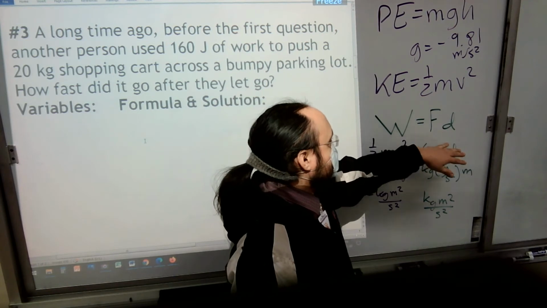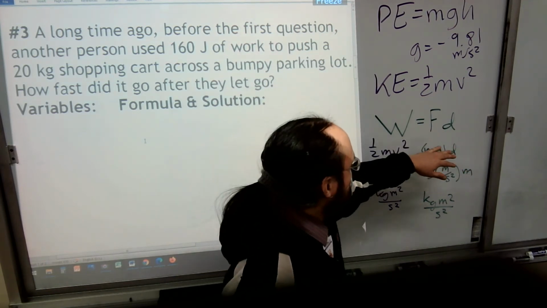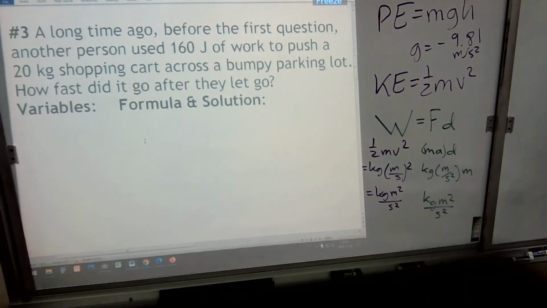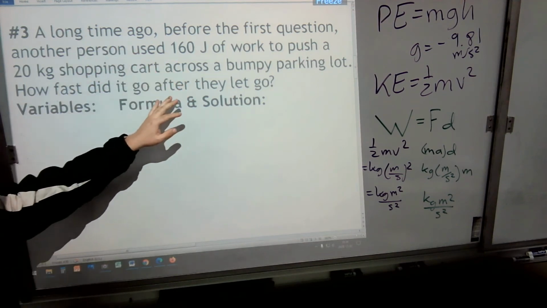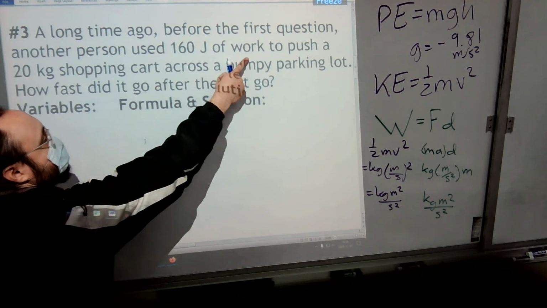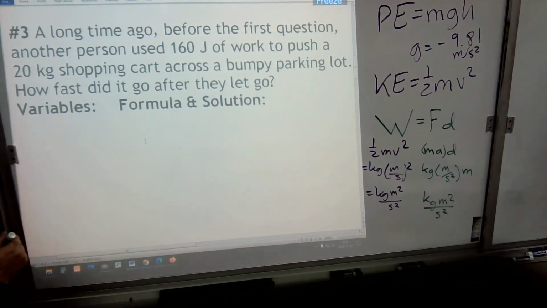So right about now, it's going to stop mattering what your energy is here. It's going to stop mattering what it calls the energy it gives you. It just matters that it's energy. So when I write down this energy here, I'm not going to say, it says 160 joules of work, I'm not going to say W equals 160 joules.